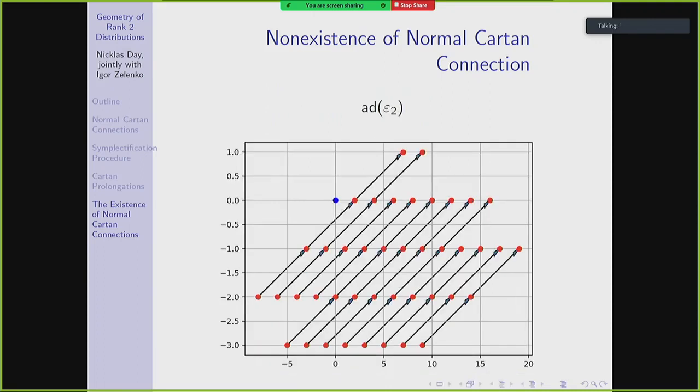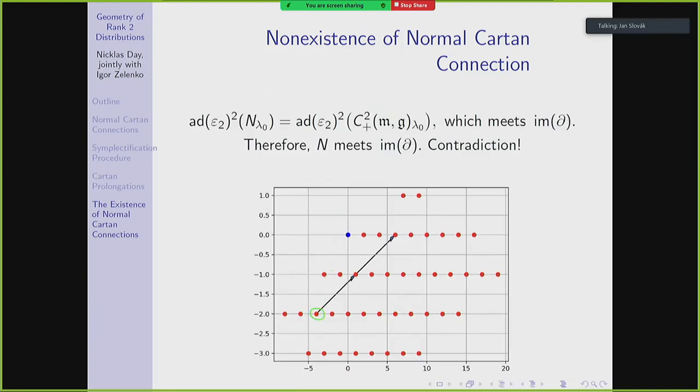And then I can apply epsilon 2 as a raising operator, which just permutes these weight spaces. And because n is invariant under epsilon 2, when I apply it twice, the image of that map also has to be contained in n, right? But the image of that map actually meets the image of the co-boundary map. So then n would have to meet the co-boundary map non-trivially, and that means that n isn't a normalization condition after all, right?